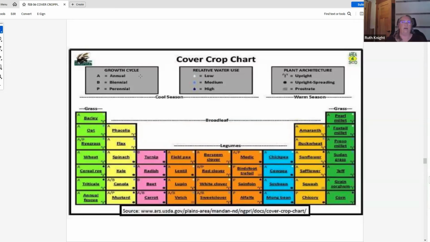A biennial and a perennial may be more challenging to terminate and would require more aggressive tillage, but they may also provide the opportunity to harvest seed. And so, like, Andy has got some species in his mix where he's able to harvest the seed, and that becomes an enterprise.